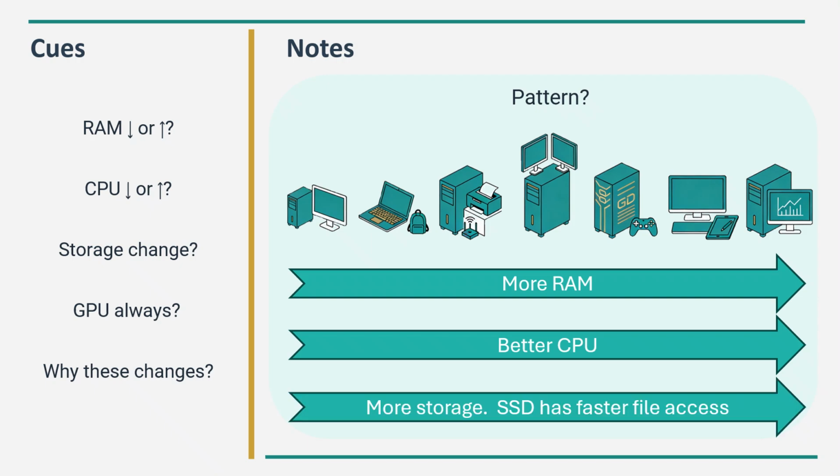Power users, gamers, architects, and scientists are on the high end with strong CPUs, 16 to 64 gigabyte RAM, large fast SSDs, plus extra storage. So the rule is, the more demanding the job and the bigger the files, the more powerful the CPU, the more RAM, and the larger and faster the storage needs to be.